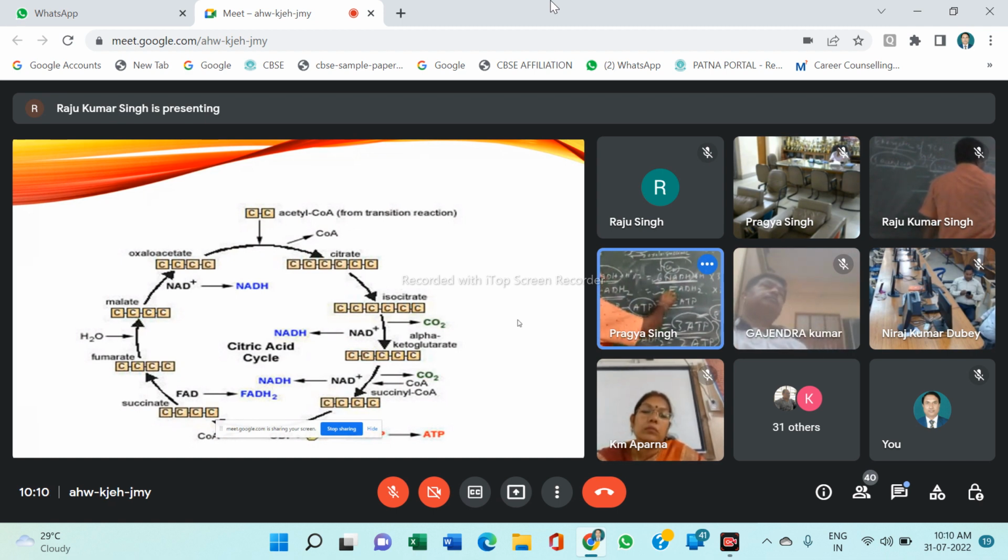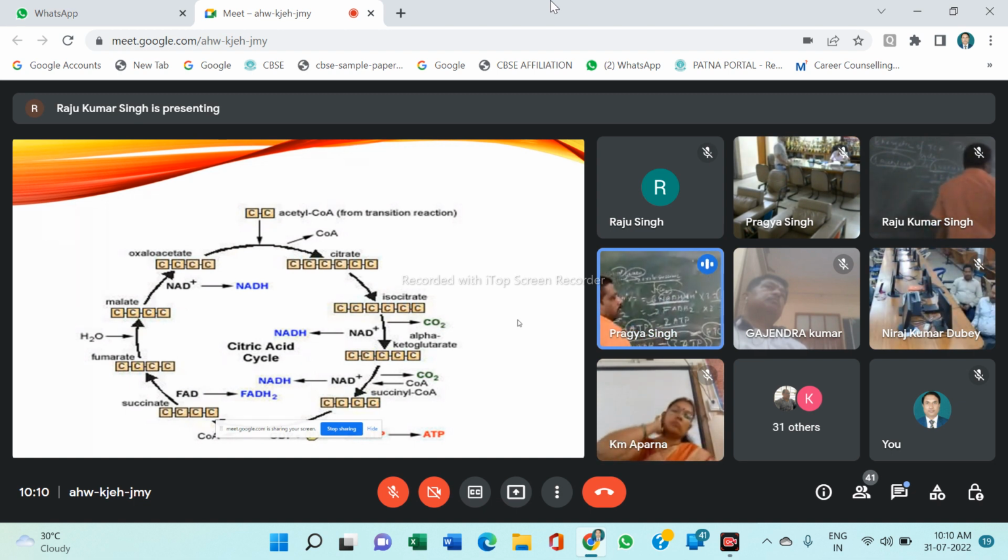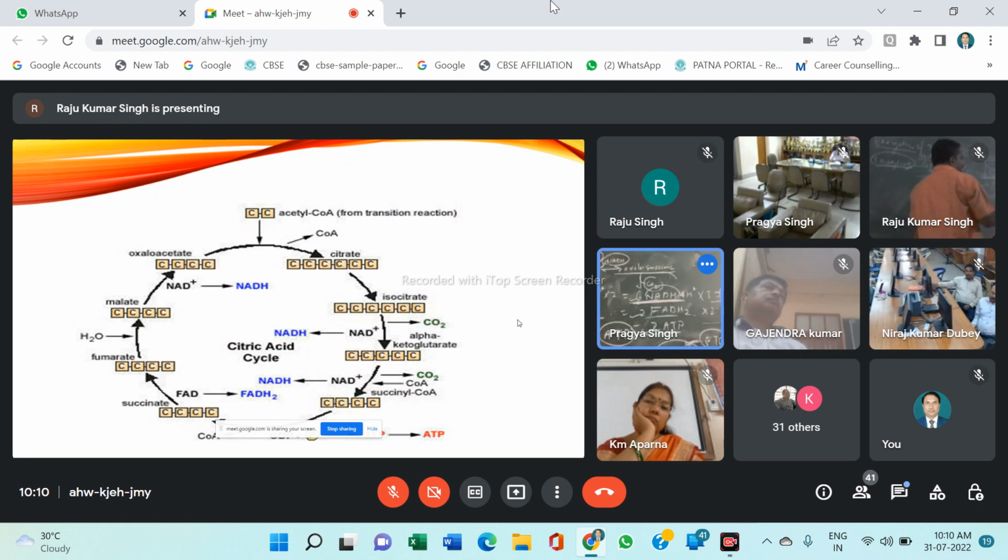But when these reduced coenzymes move along the electron carriers, they give off the electrons along with the protons, and that is used for harnessing the energy locked in these reduced coenzymes. So they are an energy source, but not a direct source. When they move along the electron carriers present in the respective complexes of the electron transport system, they give out 3 ATP and 2 ATP respectively.